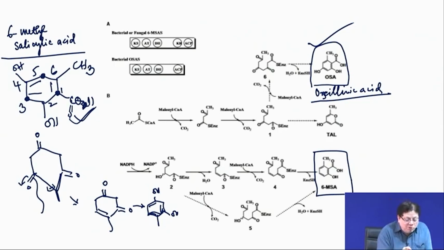Okay. Now, the question is, how do you know that there is a carbon-oxygen here? You have to learn a little bit extra. What I have said is that polyketides are basically repeating units of carbon.